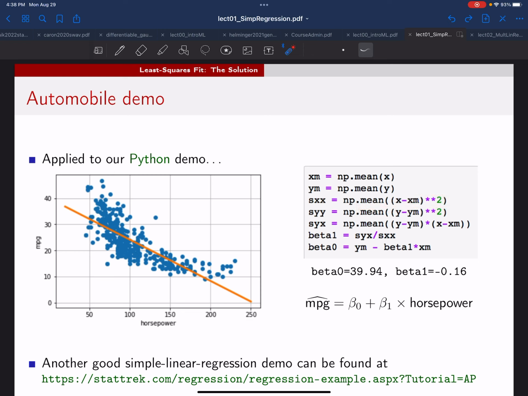The reason is that different packages, when you compute the variance, will use either the biased or the unbiased version of the variance. The unbiased one uses 1 over n minus 1. And that is not something we used. If you actually use that, you get the wrong number.